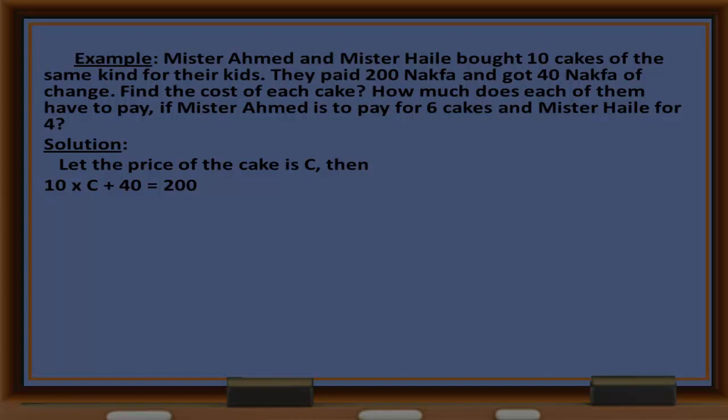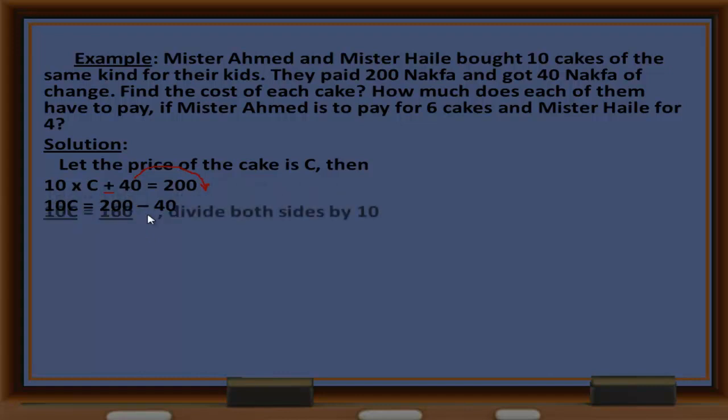That is 10 times C plus 40 is equal to 200. 10 times C is 10C, equal to 200 minus 40. Here the 40 was positive. After it is transferred to the right side, it becomes negative 40.